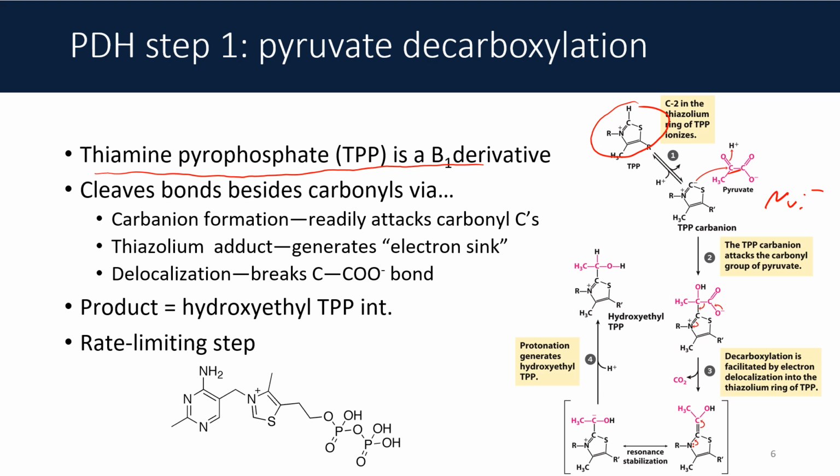When we attack that C double bond O, we are again going to form a tetrahedral intermediate. See what a common player the tetrahedral intermediate is becoming in our mechanisms? Once we form that tetrahedral intermediate, the ensuing adduct is called the thiazolium adduct. And an image of its molecular structure is over here.